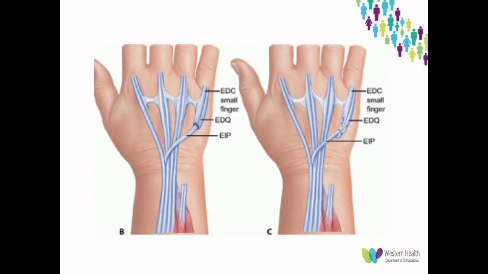These repairs can be using either side-to-side or Pulvertaft weaves. If both ring and little fingers are ruptured, you can actually transfer extensor indicis to both of these. And if all tendons are ruptured, which is very uncommon due to misdiagnosis, you can actually use the flexor digitorum superficialis from middle and ring fingers to power the extensors by tunnelling through the interosseous membrane.